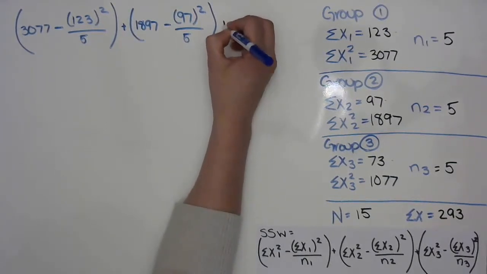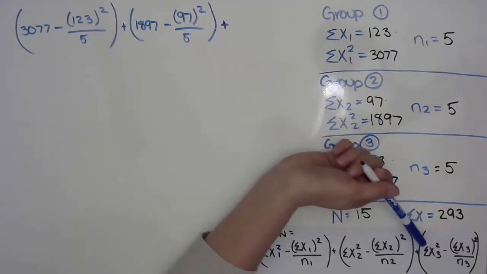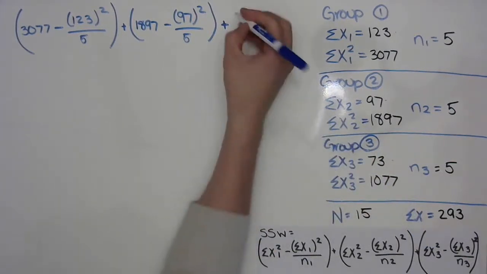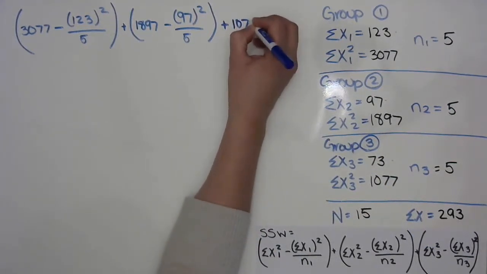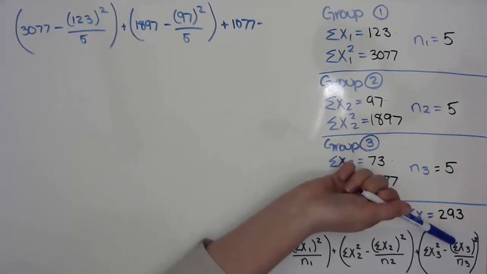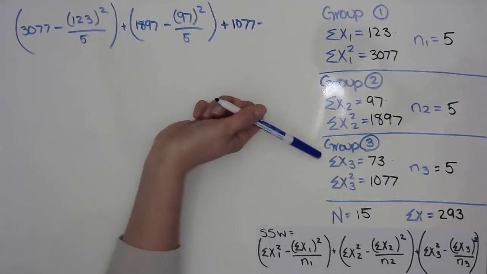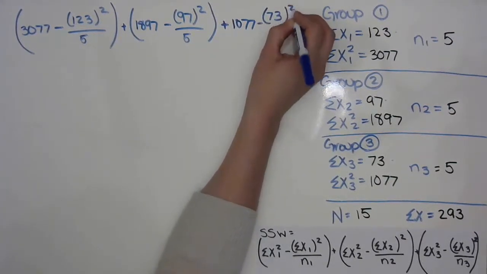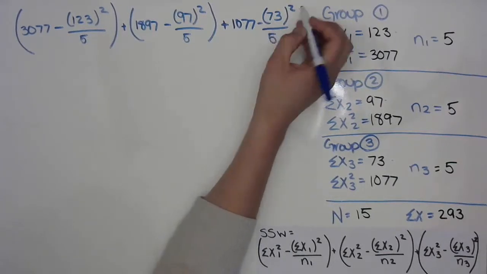And then we've got our sum of raw scores squared for group 3, which is 1077 minus the sum of raw scores for group 3, which is 73, and that's going to be squared over our n value of 5.